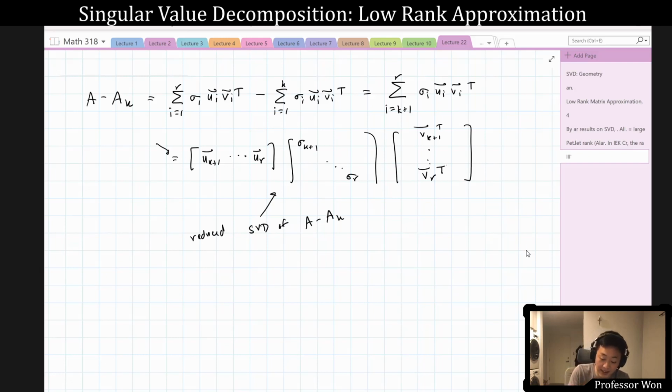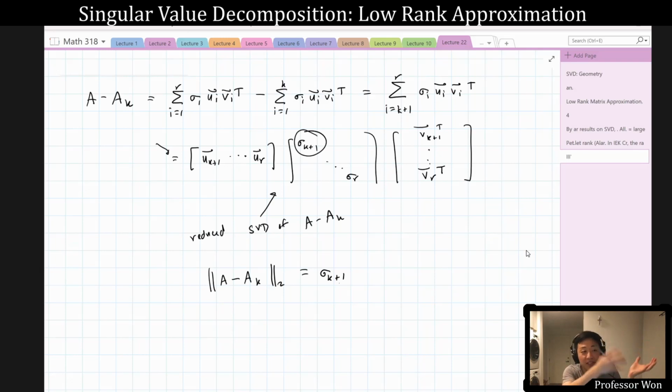And we showed that the SVD tells you the 2 norm of the matrix. It's just the largest singular value. So this means that the 2 norm of this difference is just sigma sub k plus 1. Okay, so what this is telling you is that the singular values tell you how good your approximation is.